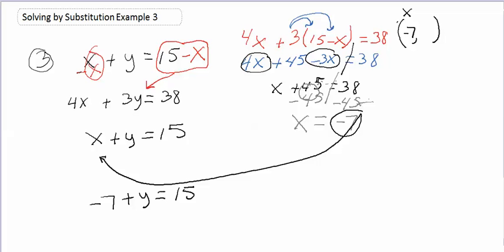Again, just like we've been doing, we're going to put our numbers on one side of the equal sign, letters on the other. So if this is a negative 7, I've got to do the opposite. I'm going to add 7 to both sides. So now we have a 0 over here. I just have my y left, and 15 plus 7 is 22 because they're both positive.